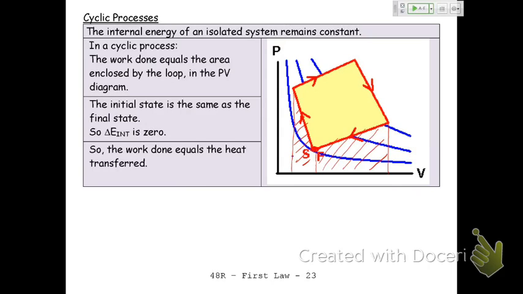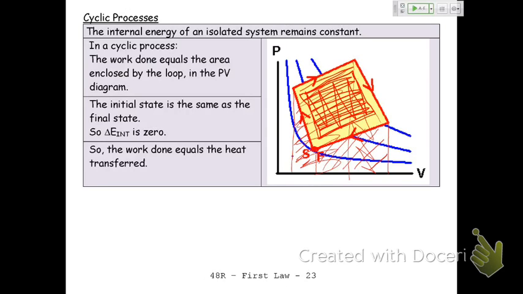And then, I'm going to kill my diagram, but the work done in the third step is all of that. And the work done in the fourth step is all of that. But what we find is two of those works are positive and two of them are negative. So they subtract from each other. And what we're left with is the middle bit. And this is the work done. So the work done in a cycle is the area enclosed by the cycle in the PV diagram.